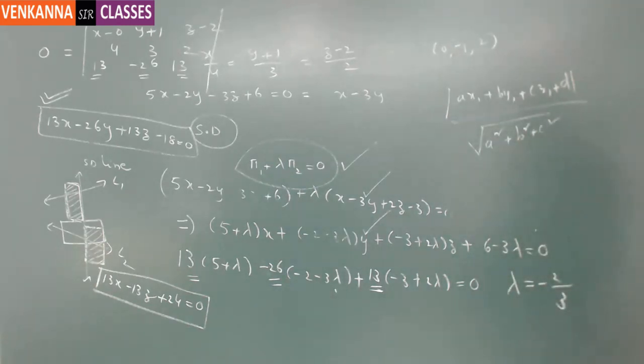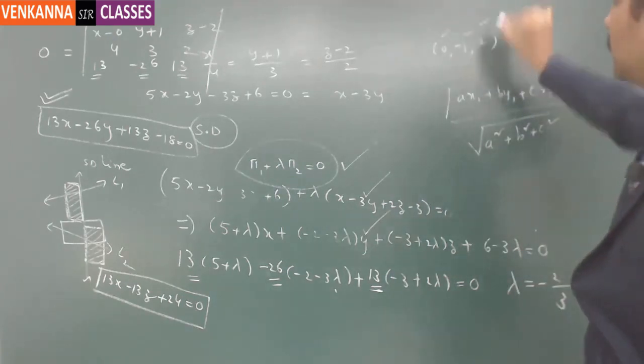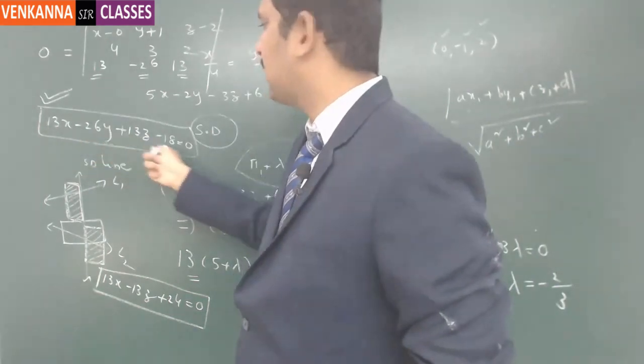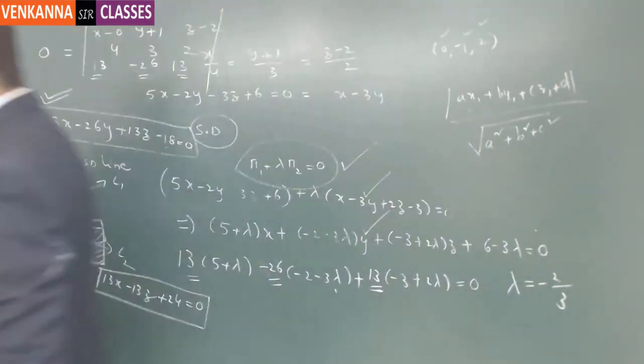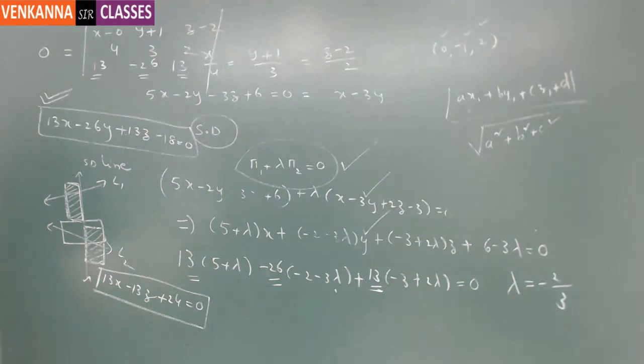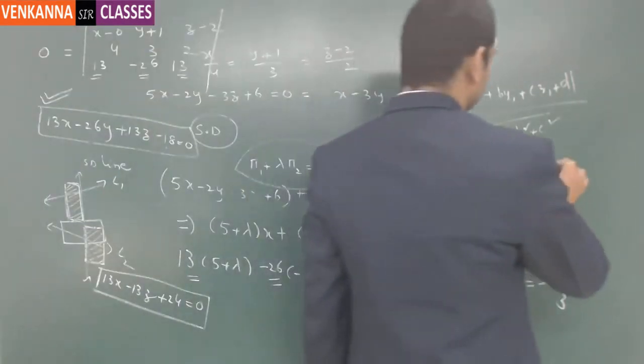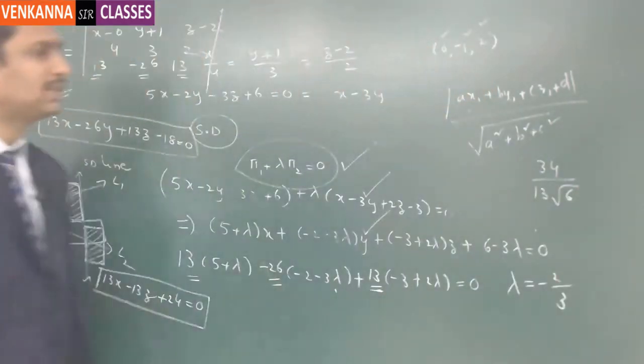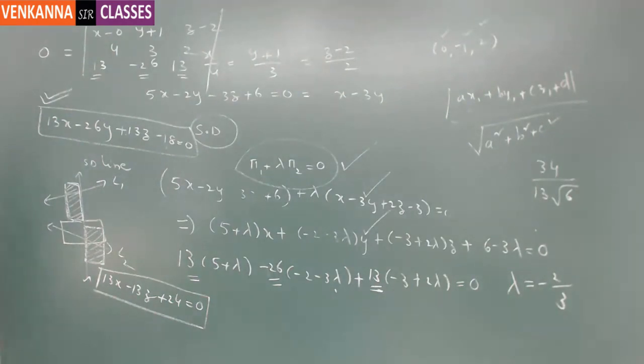So x1, y1, z1 is nothing but 0, -1, 2, and a, b, c, d is nothing but 13, -26, 13, -18. If you substitute the values there, you will get that the value is nothing but 34 by 13 root 6. Simplification is not required. You have a numerator value, you have a denominator value, that's it.